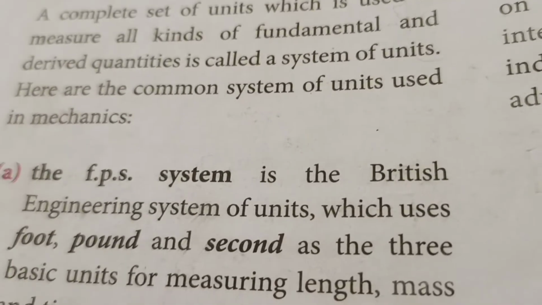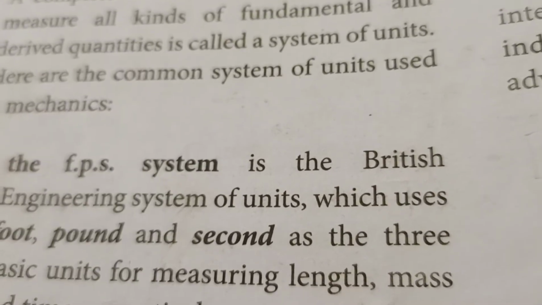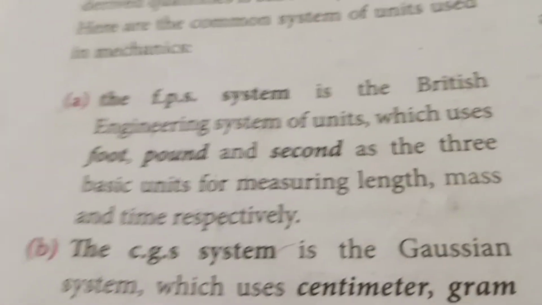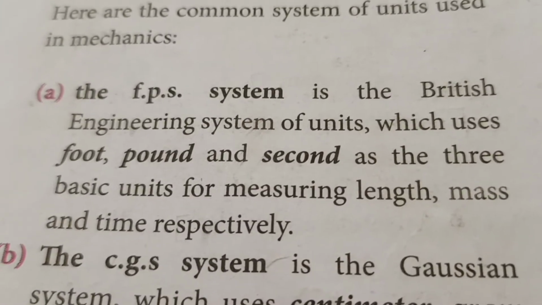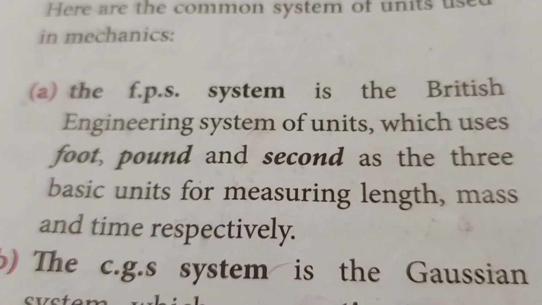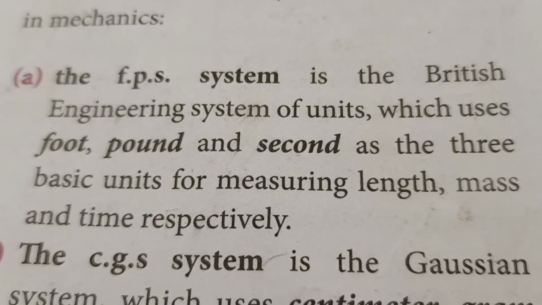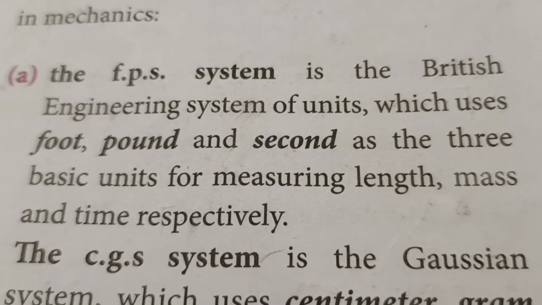Then we see different types of measurement systems. A complete set of units which is used to measure all kinds of fundamental and derived quantities is called a system of units.